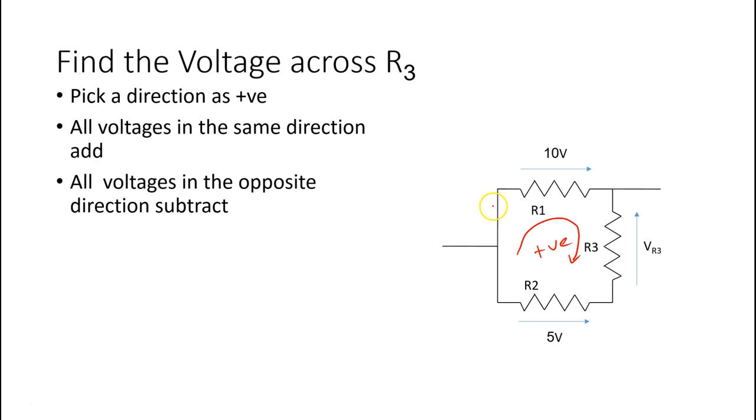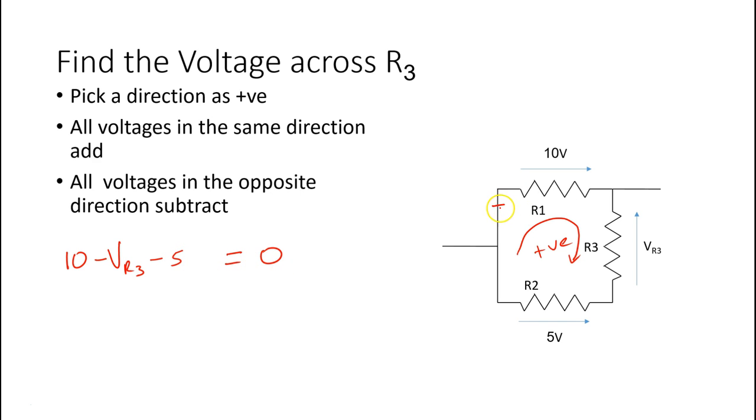So let's start our loop at this point here, and the first one, if we go in the clockwise direction, the voltage is in the same direction here, so I write that as a positive. Then VR3 is in the opposite direction, and then VR2 is again in the opposite direction, and that gives us 0.